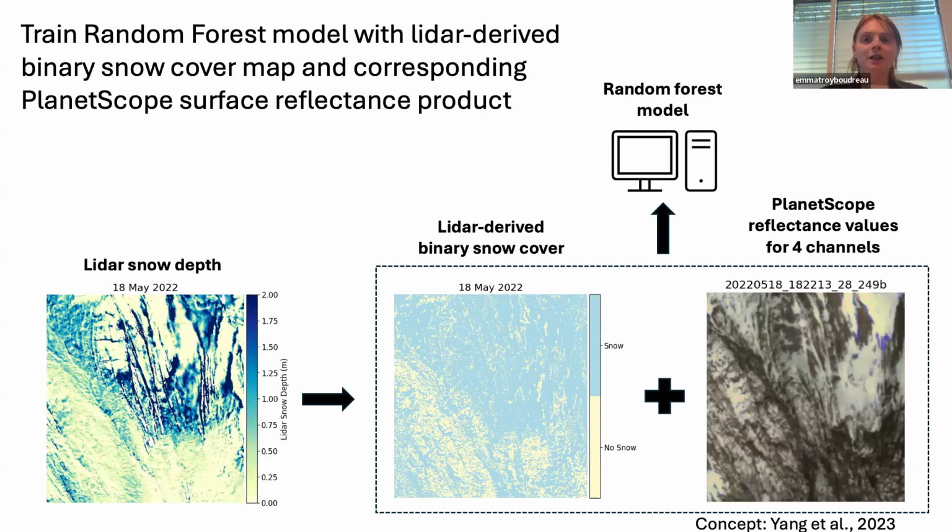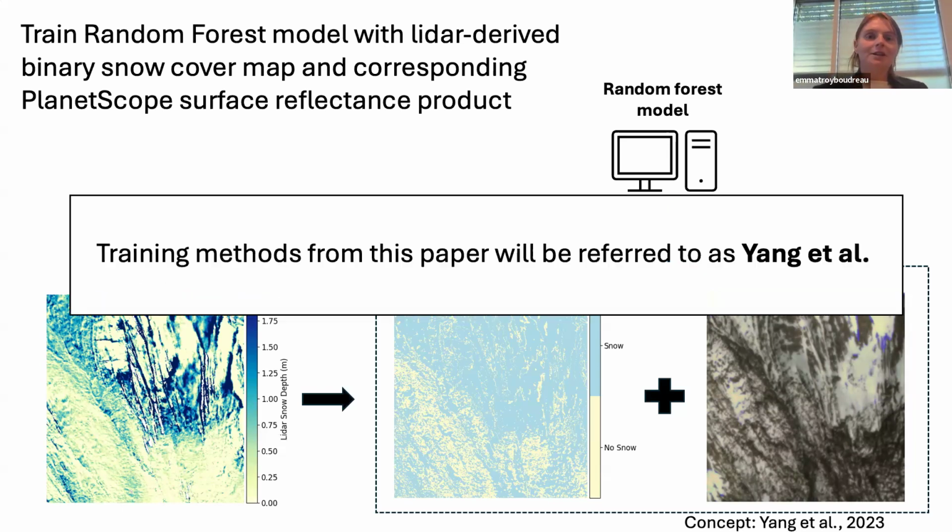And so you feed a model the training label and then the corresponding reflectance values. And then your model can then be used to identify snow or no snow in other PlanetScope images. And so the methods from this work moving forward will be referred to as Yang et al.